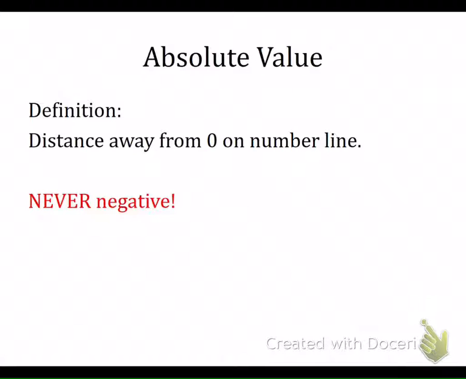Distance is never negative. So the absolute value of something cannot be negative. Once you take the absolute value, it's positive. Like we just saw with the number line activity. What are your questions?